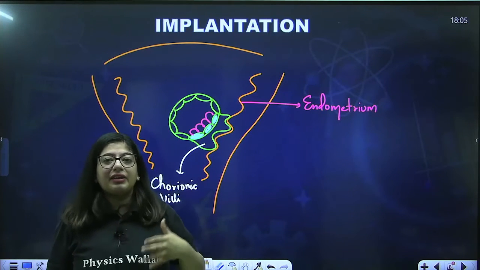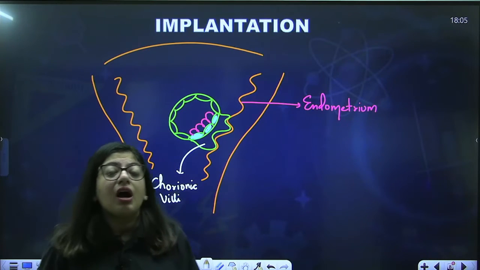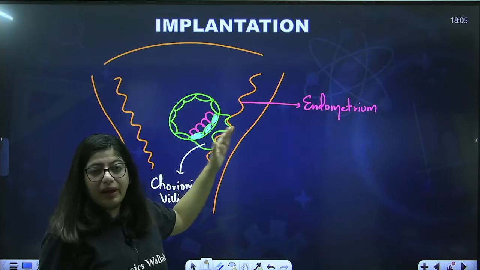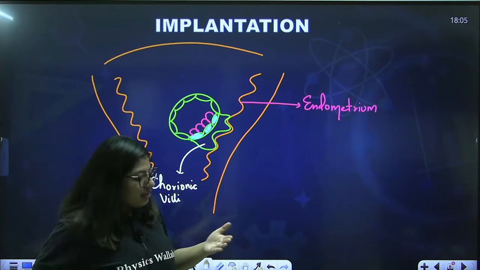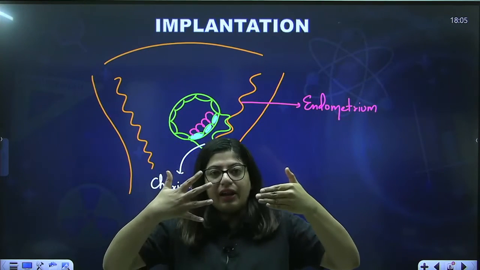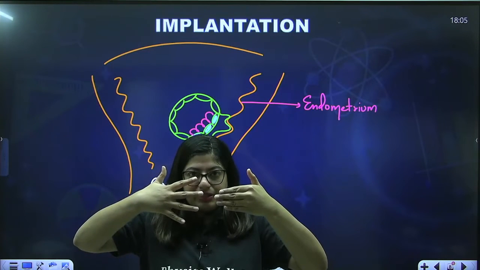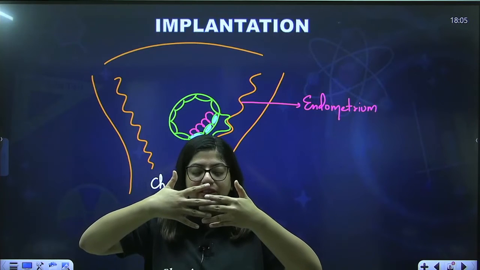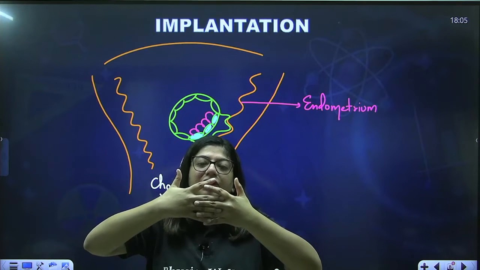These villi will secrete certain hydrolytic enzymes which will erode the endometrium and make space in it. Just imagine this is the endometrium and this is villi. Villi will keep on secreting the enzyme which will make spaces in the endometrium, and they will start fitting like this.